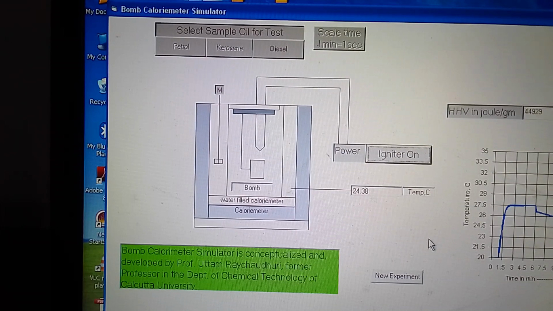This is the simplest experiment looking at it in the computer, but this is a demonstration of how to carry out the experiment. But it is a time-consuming experiment, as you know, because you have to clean the bomb, and it has to be properly fitted in the water calorimeter.